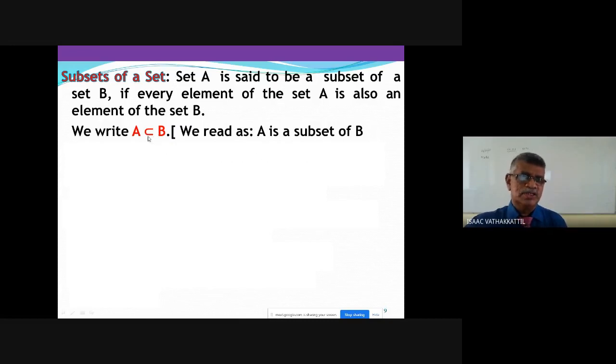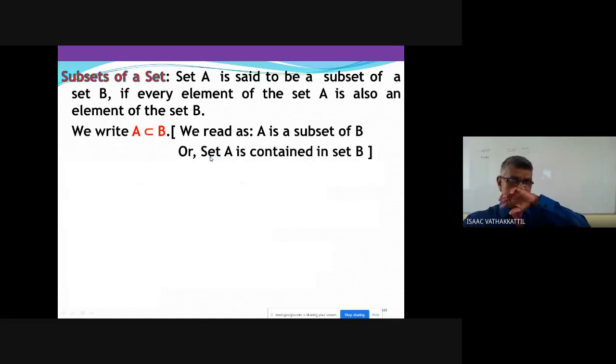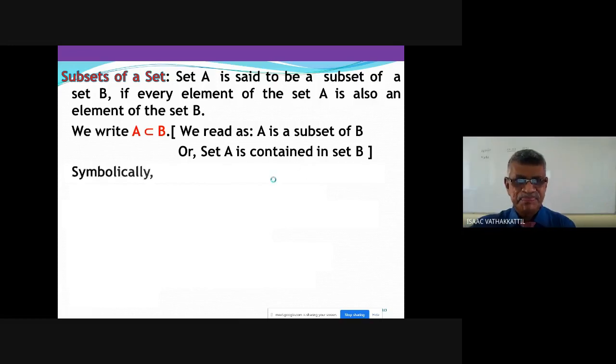You see the notation. It is not actually less than, but something like that. A is a subset of B. Or we say that A is contained in set B. We can write it symbolically.